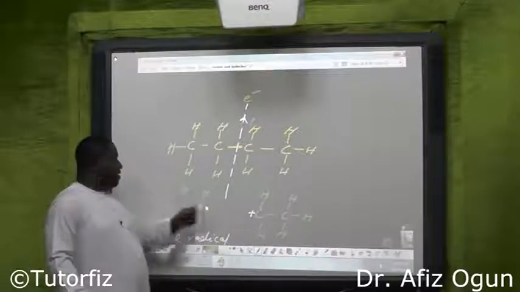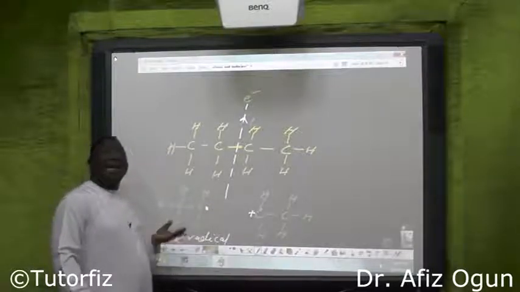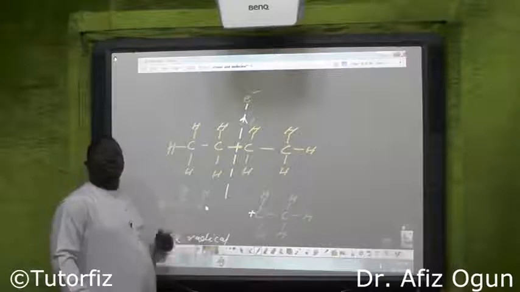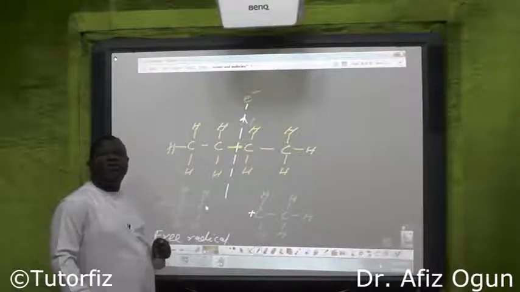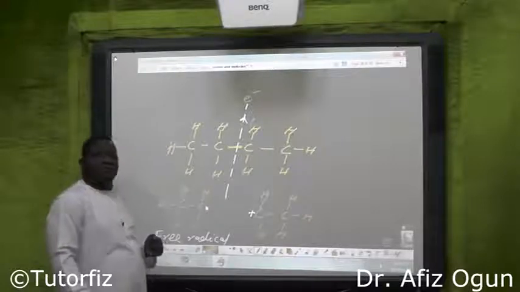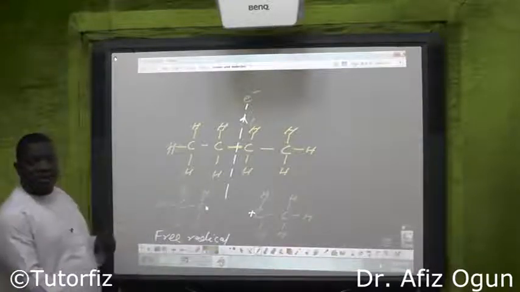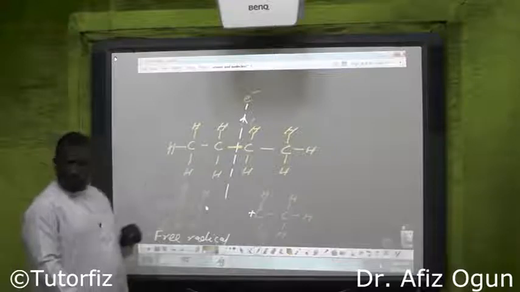If it remains with this, the one it remains with becomes highly energetic, which we will talk about later in your organic chemistry when we are talking about the mechanism or types of organic chemistry reactions.